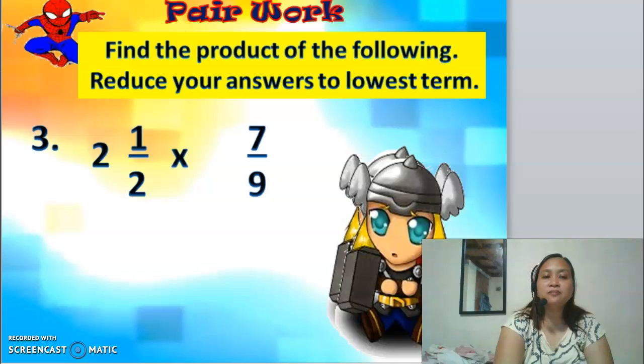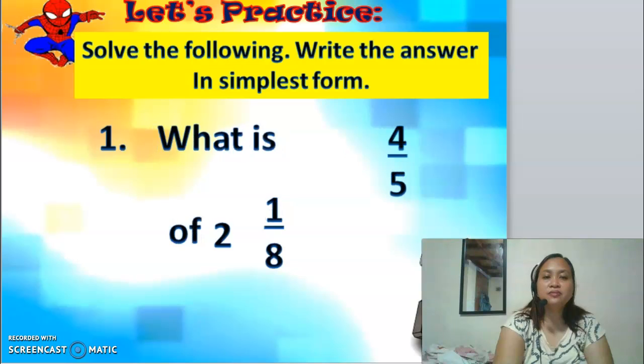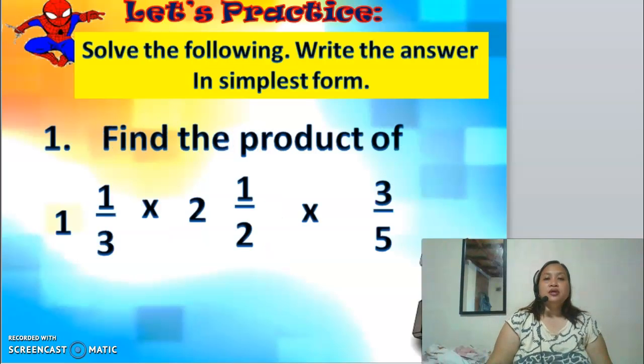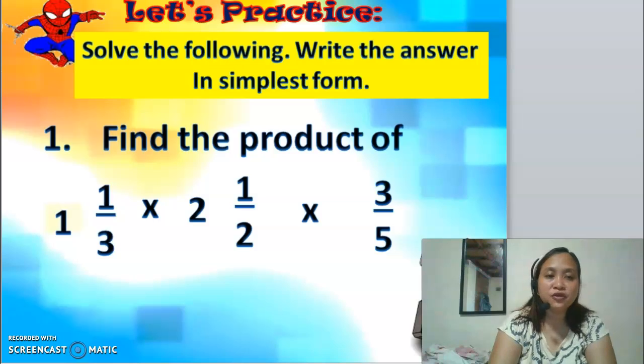Next one. Next one. Now, solve the following and write the answer in simplest form. Find the product of 1 and 1/3 times 2 and 1/2 times 3/5.